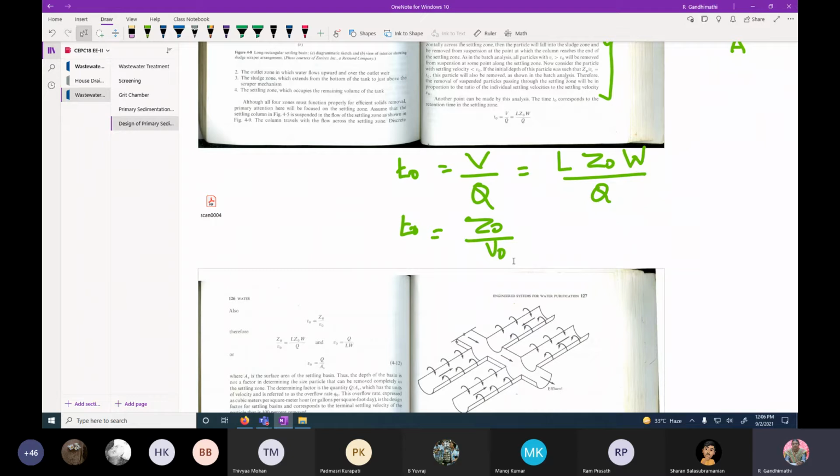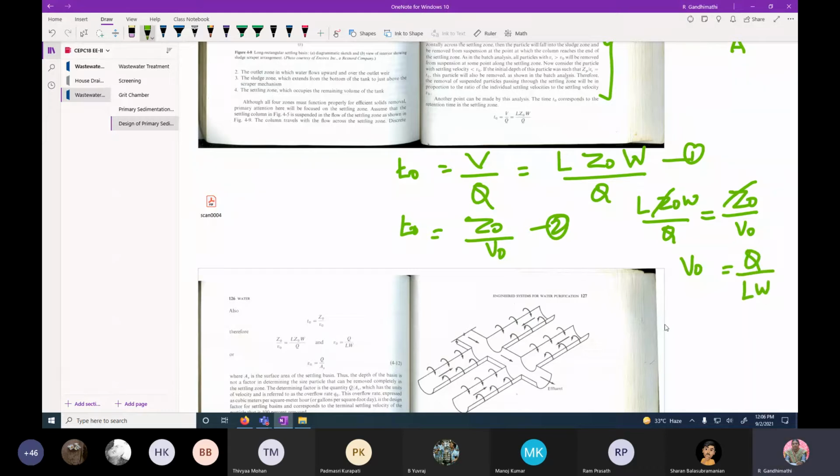Therefore, if these two are the same, we can write this as equation 1 and this as equation 2. You relate 1 and 2, then L Z0 W divided by Q is equal to Z0 by V0. Now you can cancel Z0, then V0 is equal to Q divided by L into W. What is this? V0 is equal to Q divided by the surface area.